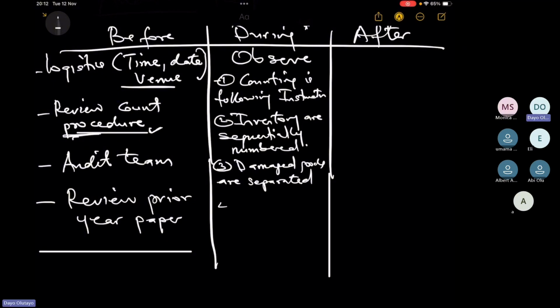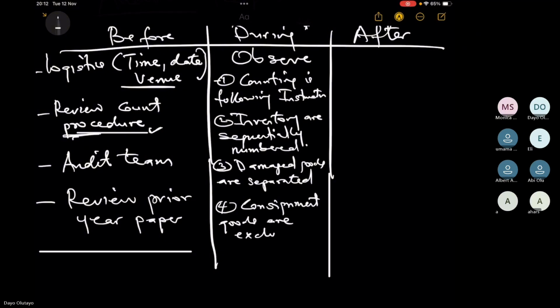In that case, that's an overstatement. Likewise, consignment goods, which means those goods that are not your client's goods, are not being counted. So they have to be excluded. And it only makes sense. How can you be counting the goods that are not your own and be adding it to yours?